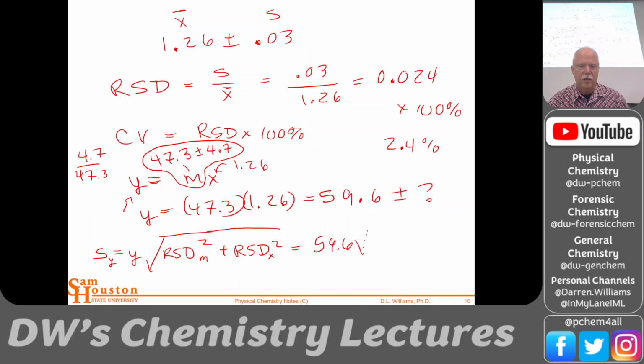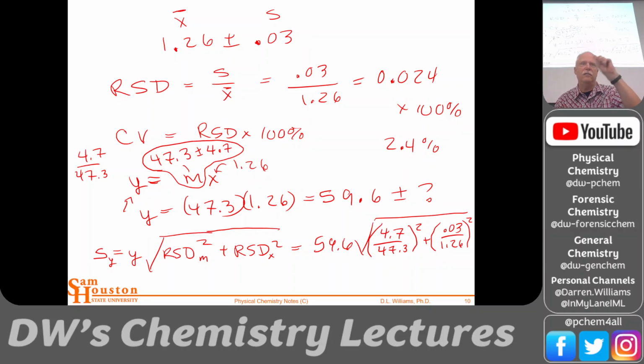59.6 times the square root of (4.7 over 47.3) squared plus (0.03 divided by 1.26) squared. It's a little tedious, lots of little numbers in there, but it's not too bad. Do it in parts. We've already done this one.